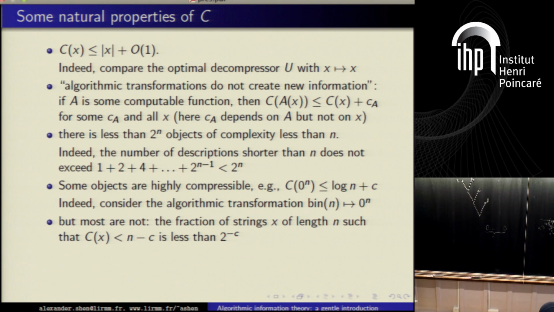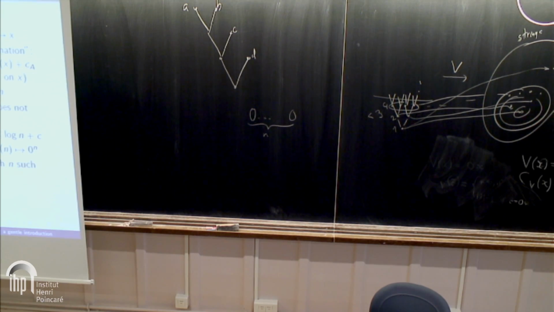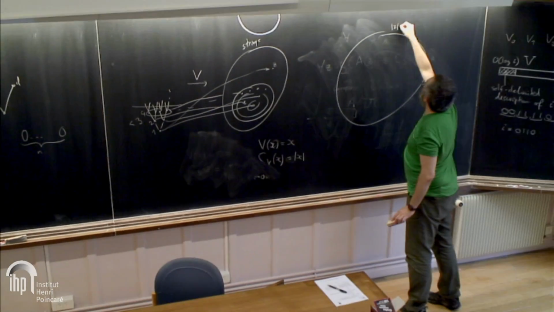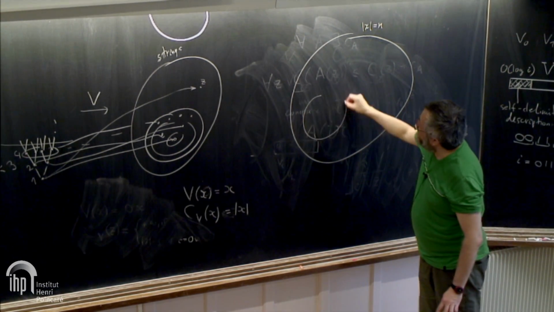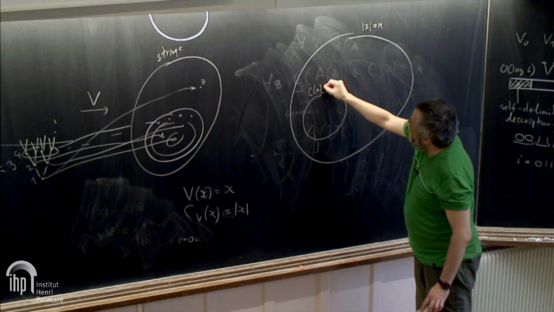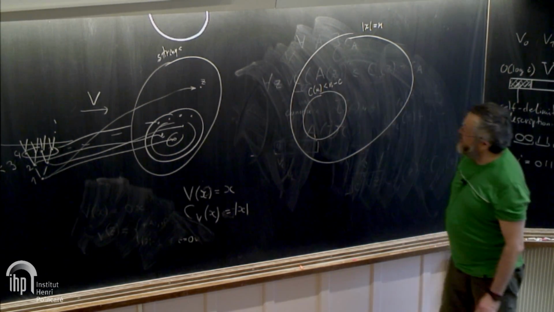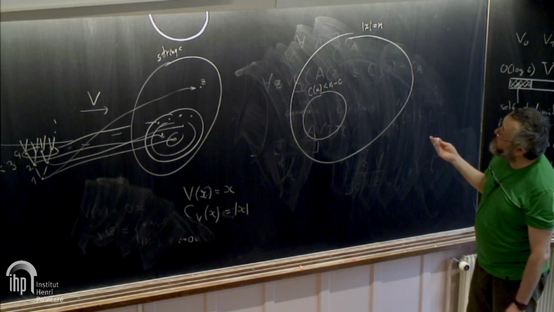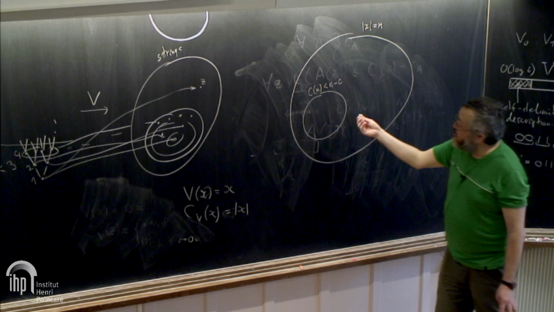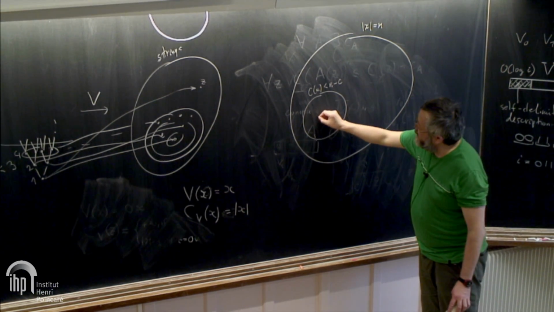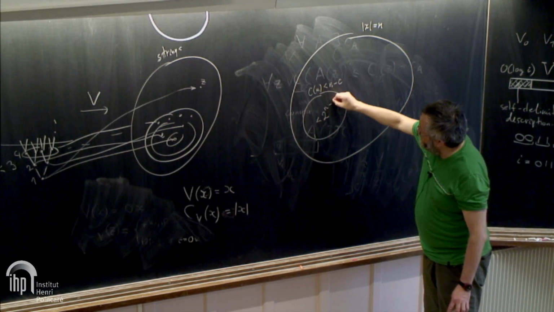length n, so we have all strings of length n, and if we consider strings of complexity less than n minus c, so they are compressible by more than c bits, then they form a very small fraction, because the quantity is less than 2 to the n minus c.